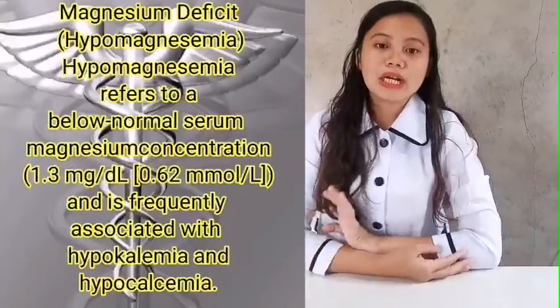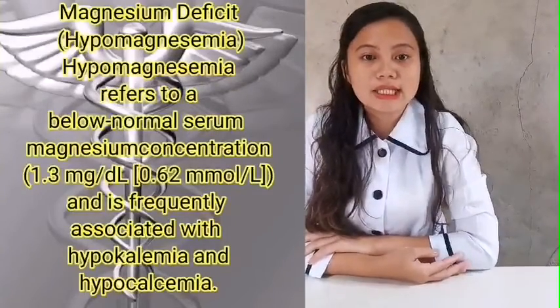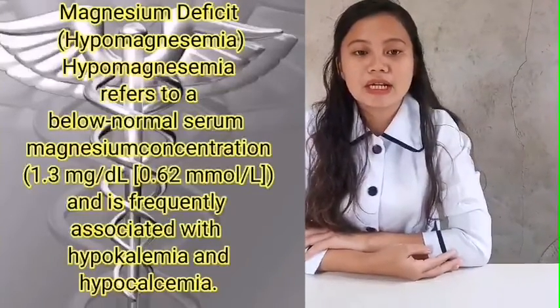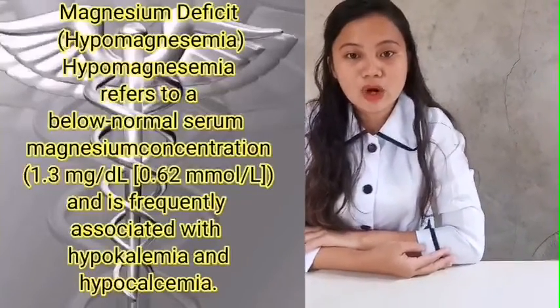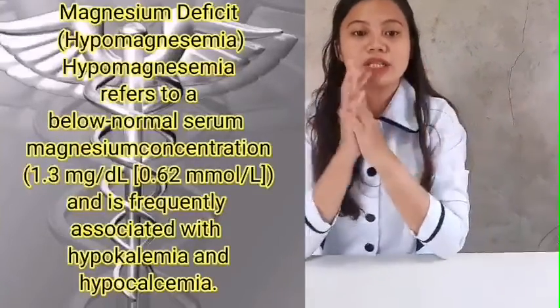Magnesium is similar to calcium in two aspects. Number 1, it is the ionized fraction of magnesium that is primarily involved in neuromuscular activity and other physiologic processes.